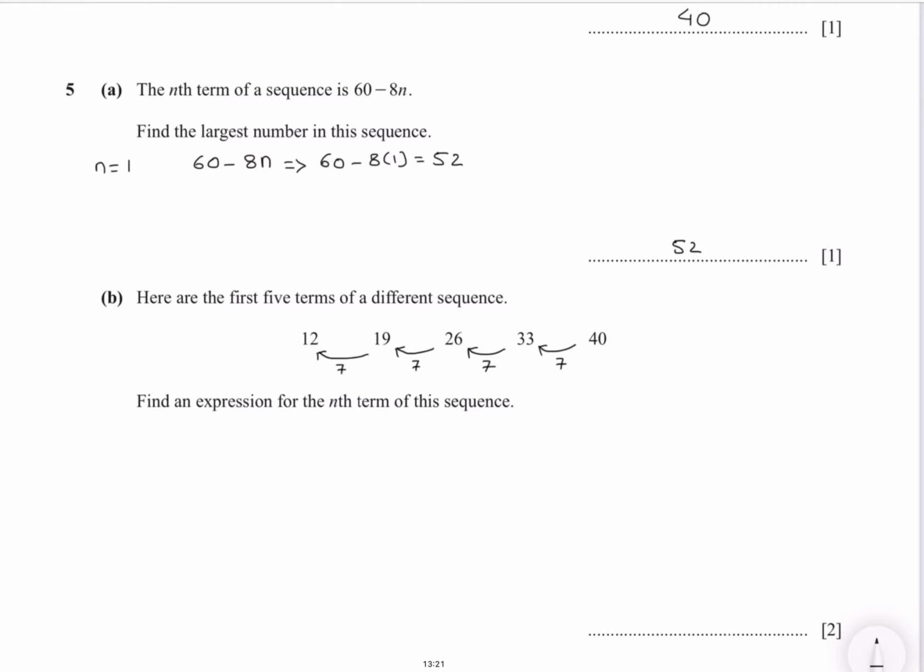So we use a plus (n minus 1) times d to make the expression for the nth term. So a is our value of the first term and d is our difference. Place these values in and solve it, and you will get the expression for the nth term of this sequence, which is 5 plus 7n.